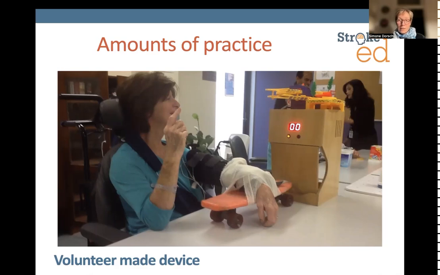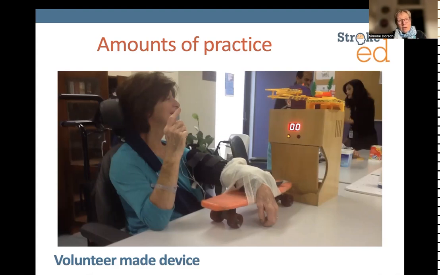And this device was made by a group of volunteers in New South Wales. We have a group called Technical Aids for the Disabled, and it's a group of retired tradesmen mostly who use their skills to make devices that you can't buy off the shelf. But I'm sure everybody's got access, surely, to people like that in your local men's sheds or whatever it might be.